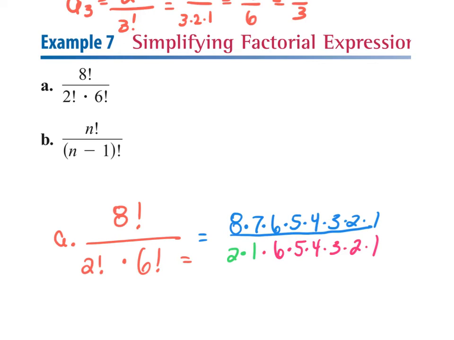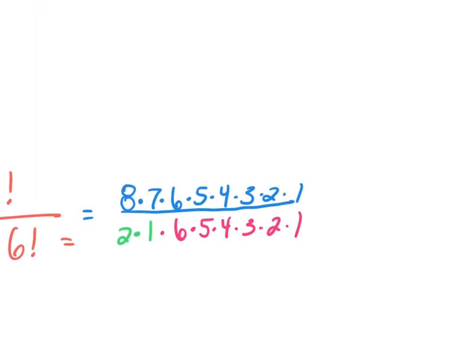Now, guys, when you have fractions, if you have something on bottom and top that is exactly the same, what can you do? What can we do if we have a number that's exactly the same on the top and the bottom? We can cancel them out. Do you guys see I have a 6 here on top and a 6 here on the bottom? Cancel it out.